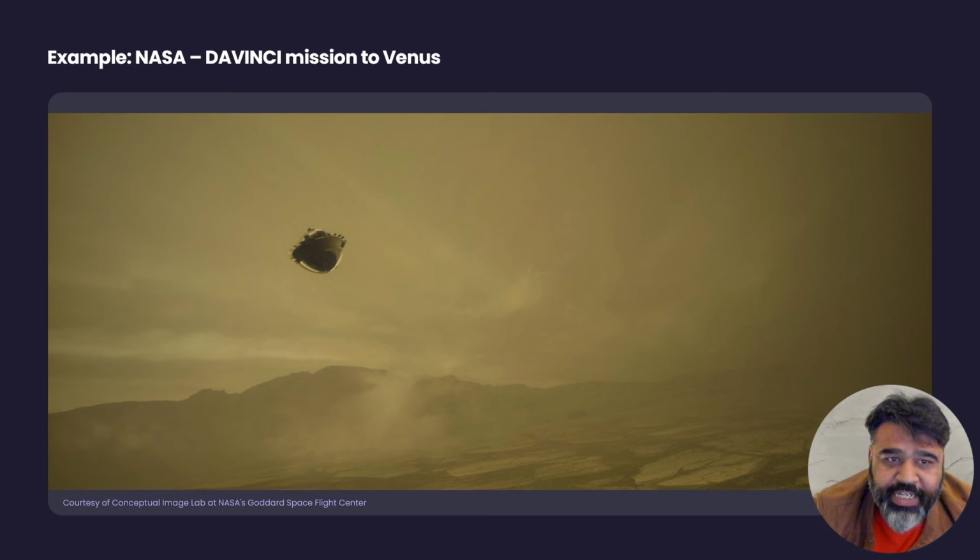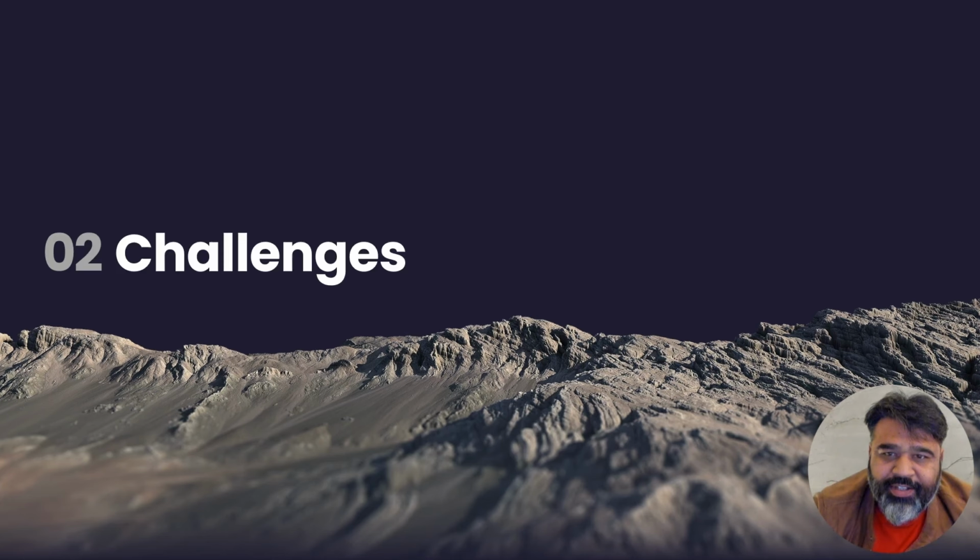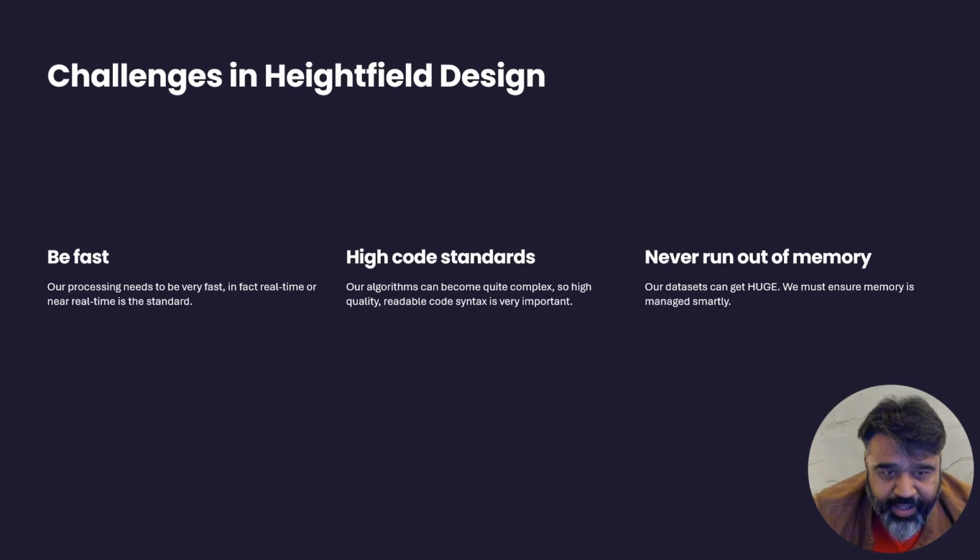Now, in creating all these terrains and all these nodes, we've faced some challenges. As I mentioned, today we'll be focusing on just one cross section of it, which is working with height fields. The main challenges were these requirements: we had to be really fast. We had to have processing that's real time or near real time when possible.